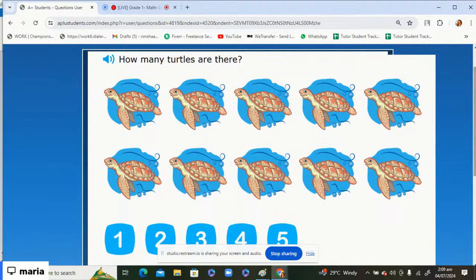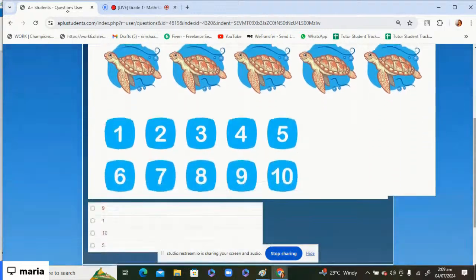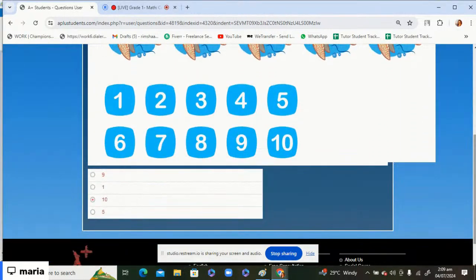When I counted, these total are 10. Is it right answer or wrong? When I counted, total are 10. Is it right? Yes. When you counted, it's also 10. Okay, that means right answer. So it's 10.